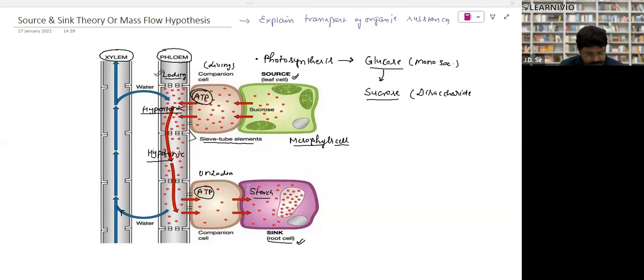The excess of food comes out of the leaves and is translocated in the downward direction to the stem, storage part and root system. Right?